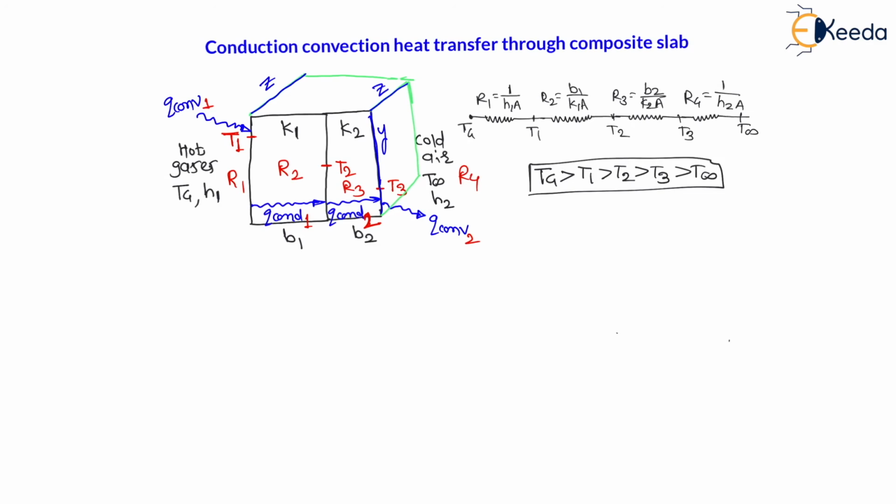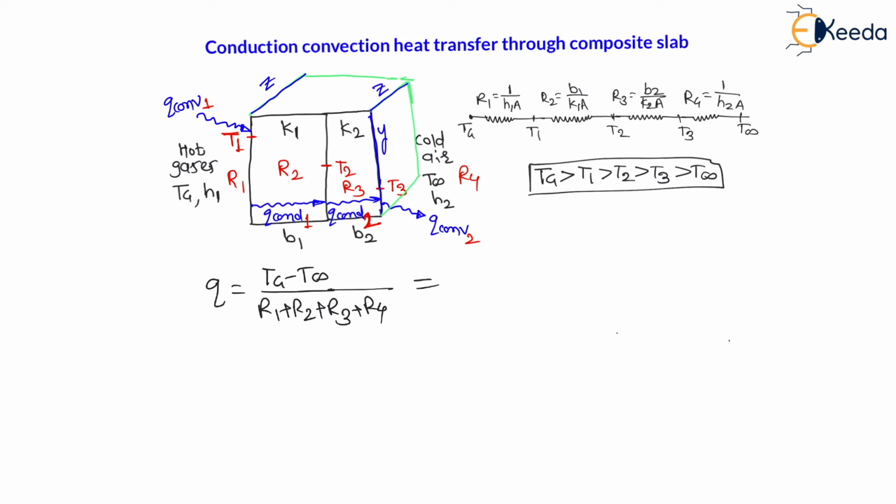Now, let us find this heat transfer. My dear students, I am taking this on this side so that we will get sufficient space here. Now, this heat transfer Q is equal to Tg minus T infinity, that I am considering total temperature difference, then it will be R1 plus R2 plus R3 plus R4. Total resistance we have to consider.